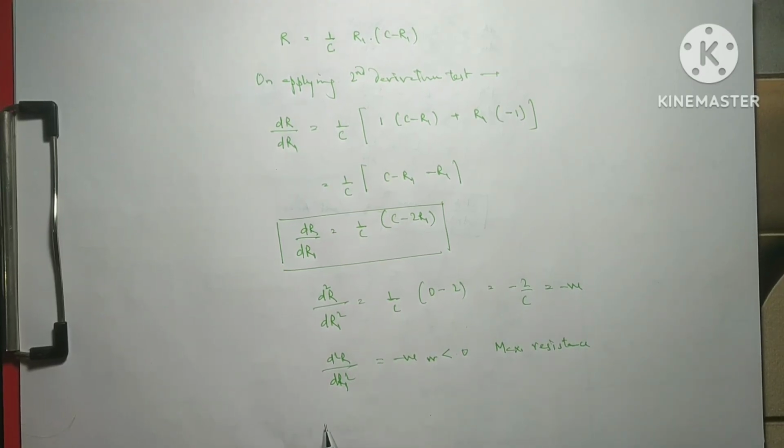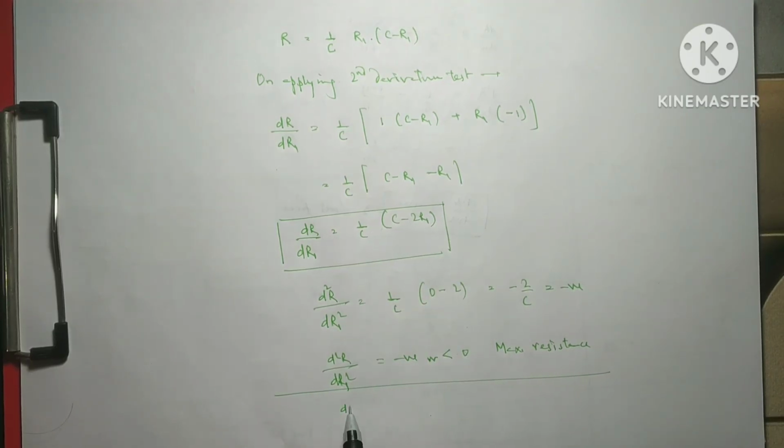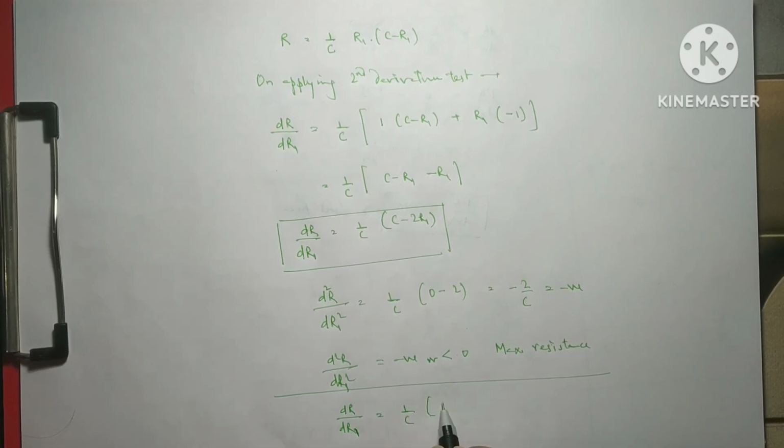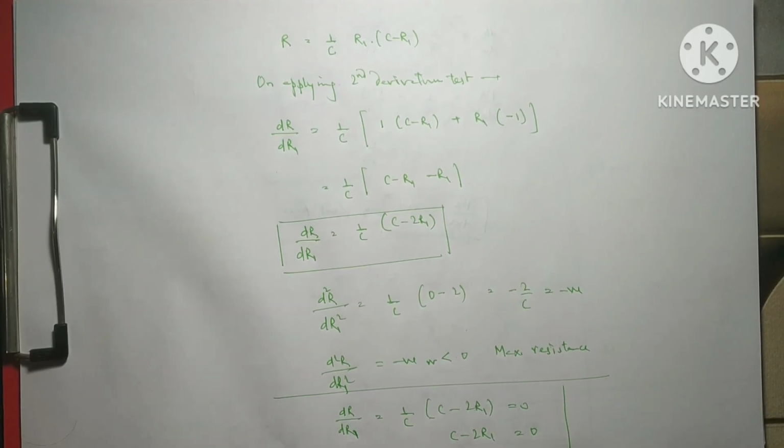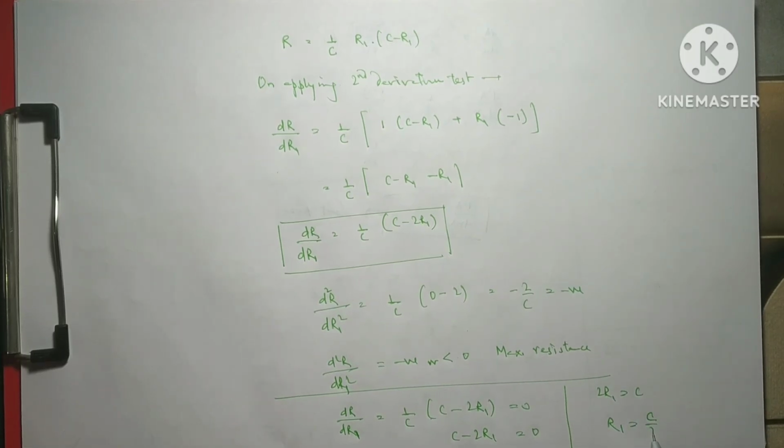And for the intermediate condition, we will put dR over dR1 is 0, so it is 1 over C times (C minus 2R1) equals 0. It means C minus 2R1 equals 0. So 2R1 equals C, and R1 is C by 2.